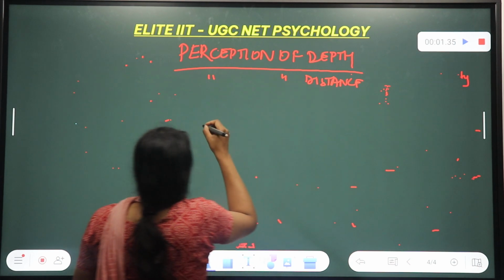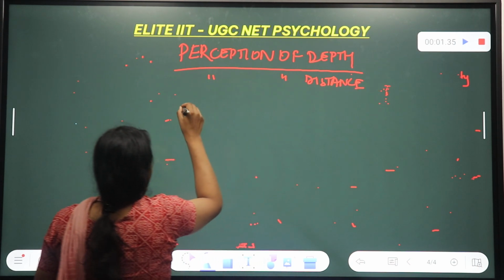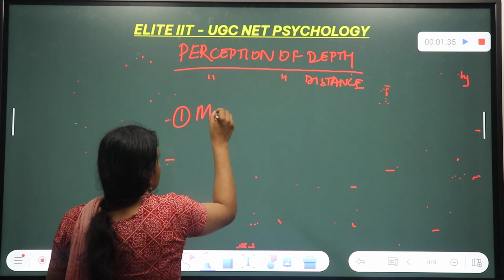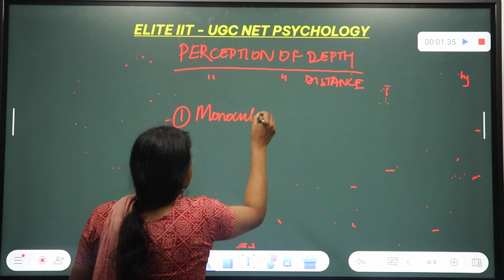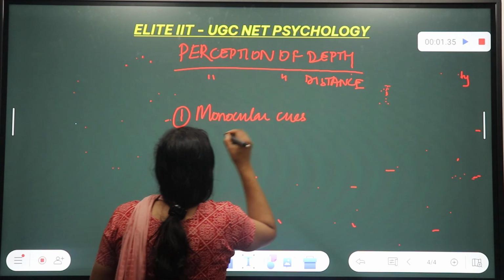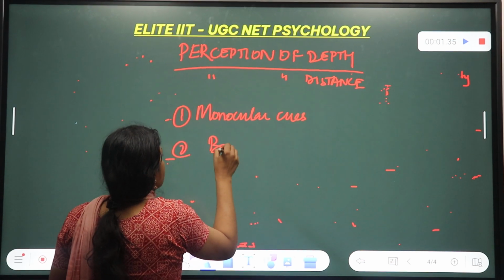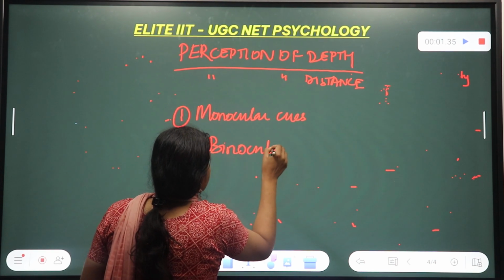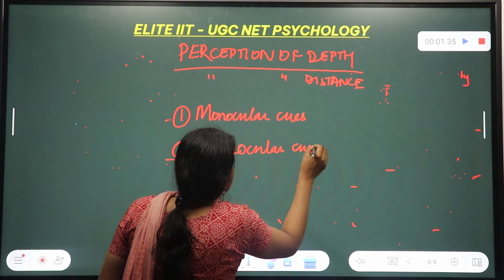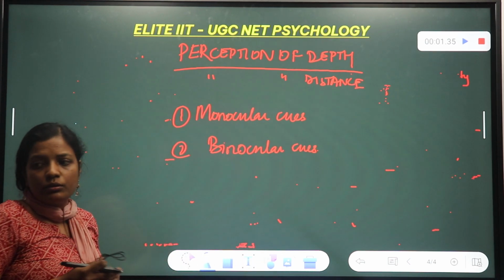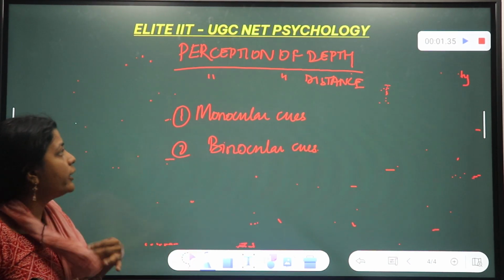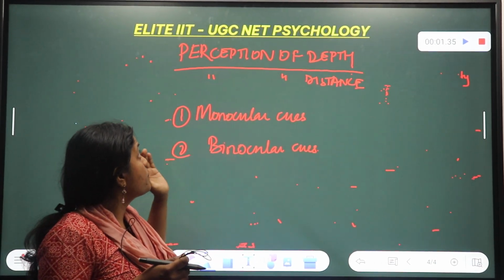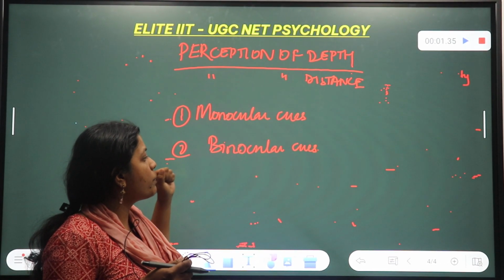Under this we have one, monocular cues, and second, binocular cues. Monocular cues and binocular cues are two important things which actually regulate our process of perception and process of thinking.